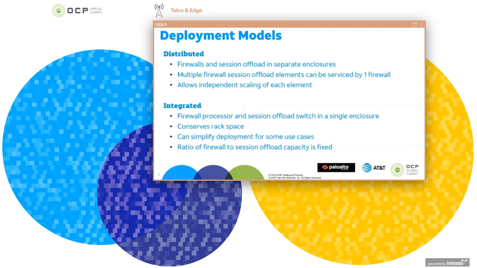The other model is integrated, with both the session offload switch and the firewall processor in a single enclosure, likely a 2-rack unit device. It conserves rack space, and for some use cases it's much simpler to have one discrete device. But the disadvantage is that the ratio of firewall processing to session offload capacity is fixed. So those are the two models we're proposing initially.